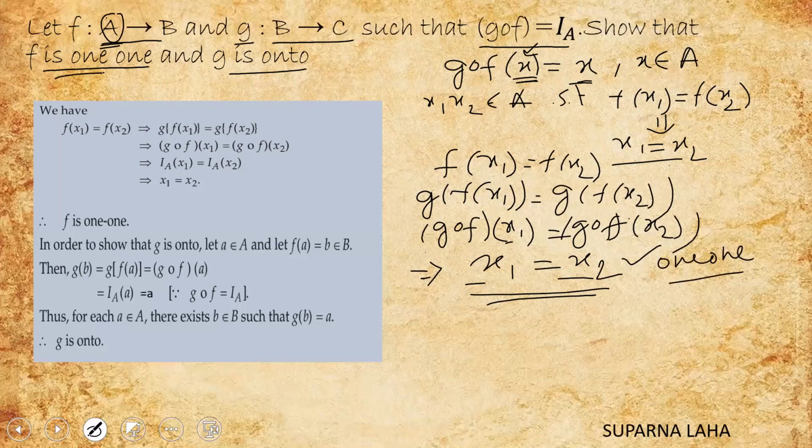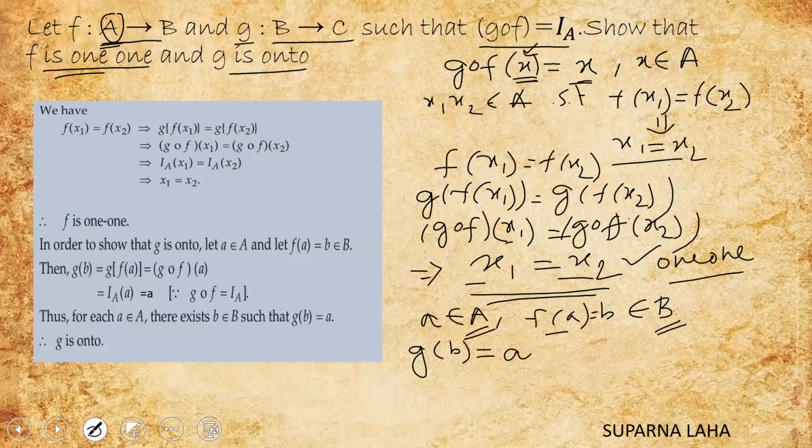So you can take any element a from the set A such that f of a is equal to b in the set B, since this is the domain set and this is the range set for f. Now you need to show for onto function that g of b is equal to a.